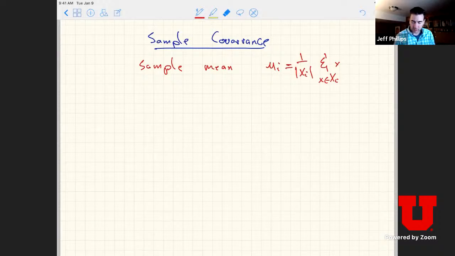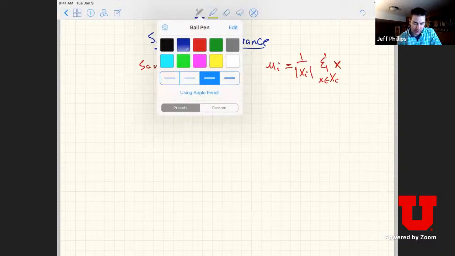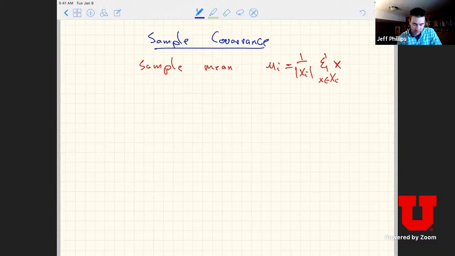Okay, so this is how you do the sample mean approximation. Once I have this, then I can do the sample covariance in a similar way. It's going to be pretty straightforward.